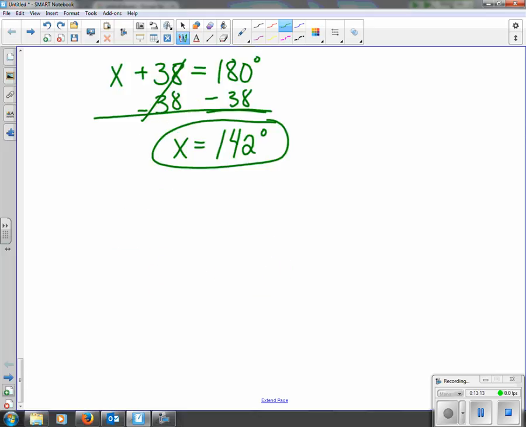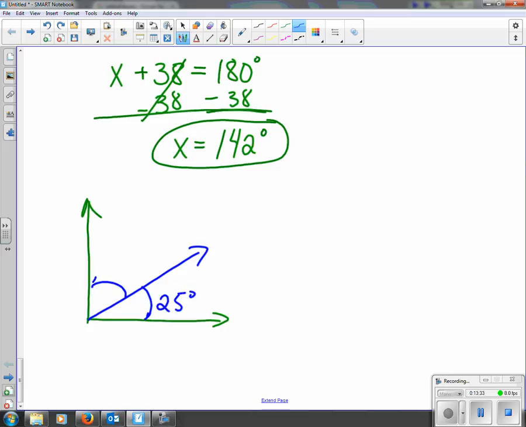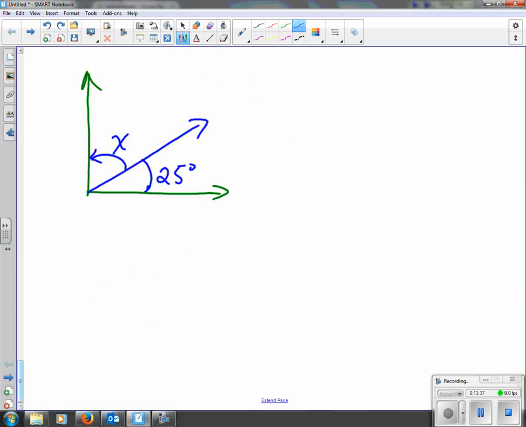Okay, let's try another one. What if I have this angle here, and then an angle breaks off. This angle right here is 25 degrees. So what is x in this case?